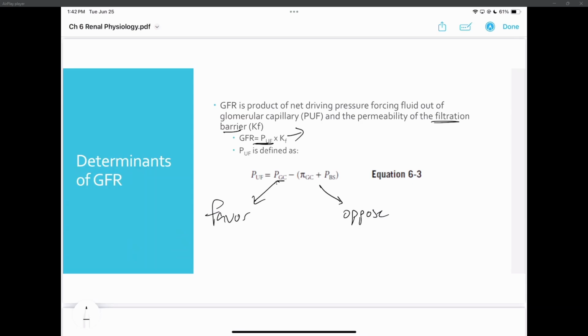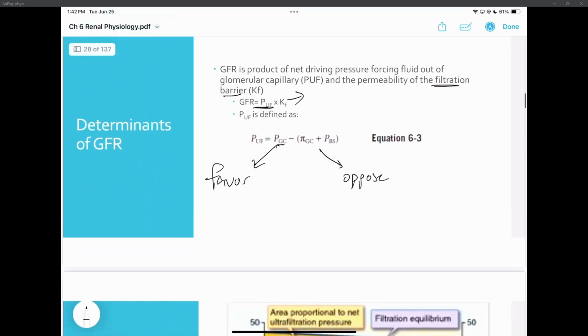The hydrostatic pressure of the Bowman space also opposes filtration. Remember, it's the hydrostatic pressure of the glomerular capillary minus the Bowman's capsule hydrostatic pressure.